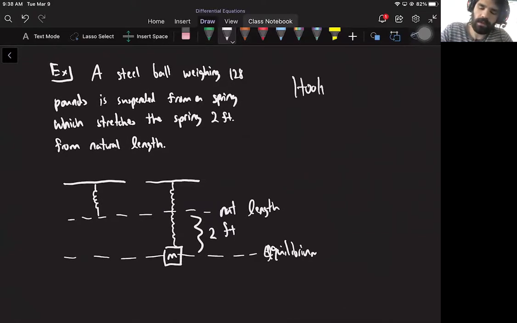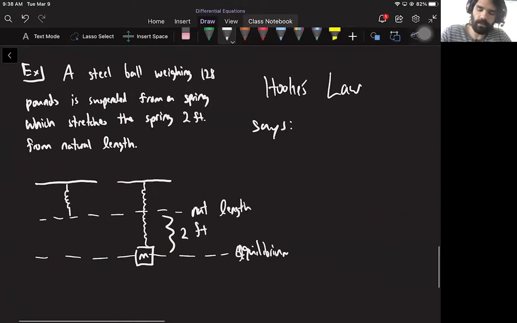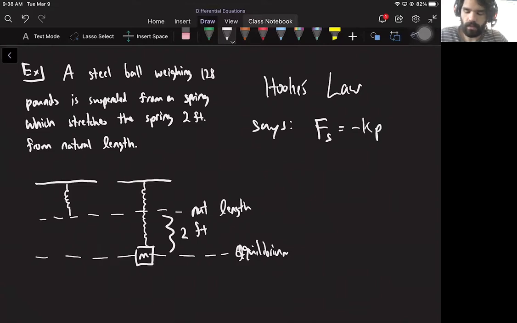So what does Hooke's law say about this situation? It says that there should be a restoring force corresponding to how much the spring stretches, and it corresponds to the force that is causing it to stretch. So what is causing the spring to stretch? Well, all it is is the weight, and that's a force due to gravity.